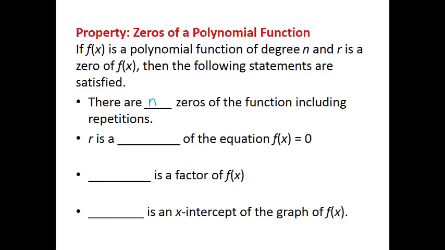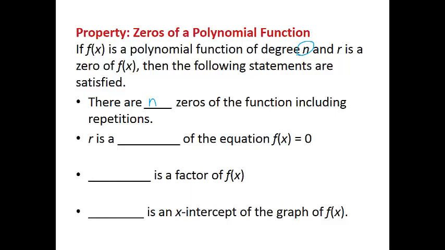Do you remember when we solved quadratic equations? The degree is 2. There were 2 solutions. A linear equation is degree 1. There was 1 solution, except for some special cases. When we had polynomial equations, we saw that earlier with the degree 3. There were 3 solutions, and so on. So the degree n tells us the number of zeros of the function.